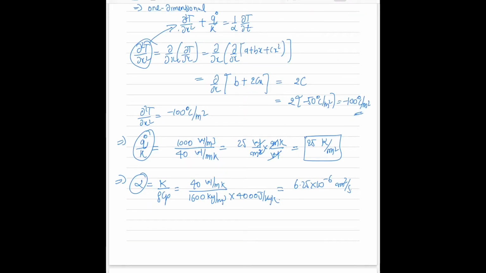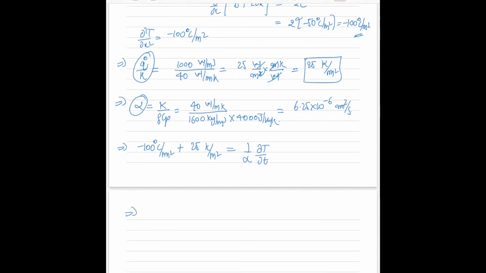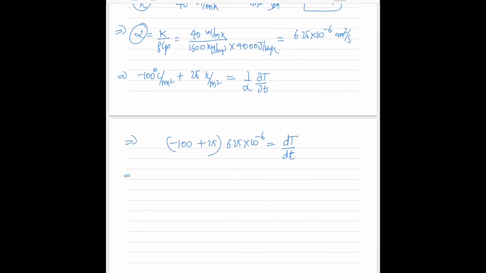Now substitute your value of alpha and del square T by del x square in your equation. So it will reduce to minus 100 degrees Celsius per meter square plus 25 Kelvin per meter square equal to 1 by alpha del T by del time, or we can say minus 100 plus 25 into alpha, that is 6.25 into 10 raised to power minus 6, equal to del T by del tau.